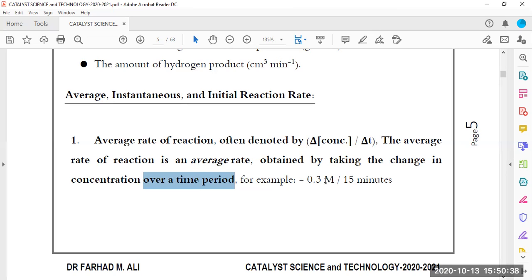For example, 0.3 molar per 15 minutes. If that reaction finished within 15 minutes and the change of concentration is 0.3 molar, we divide that change in concentration by the time. Remember, this capital M means molar.